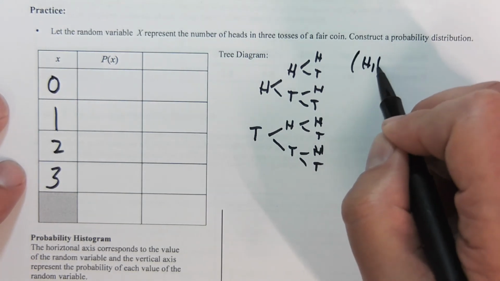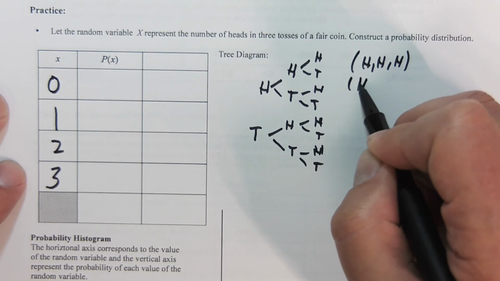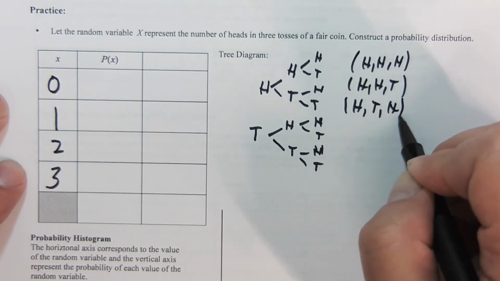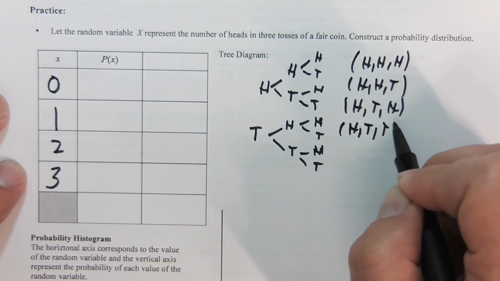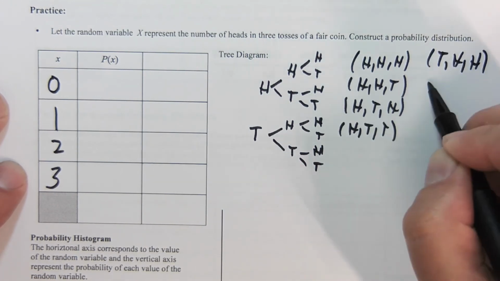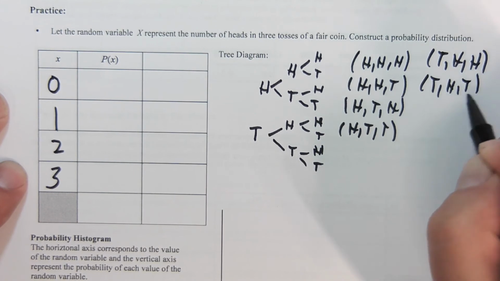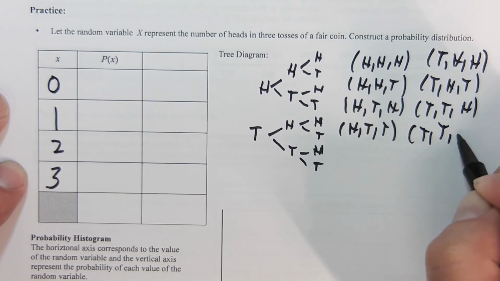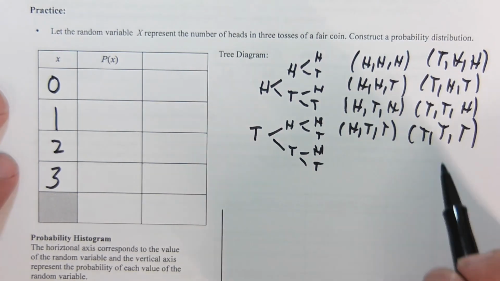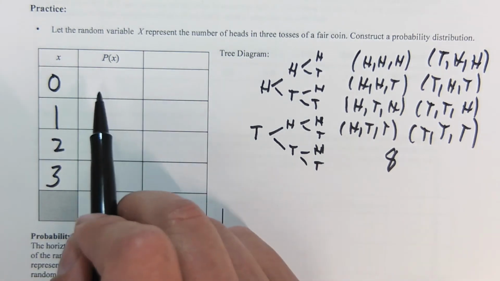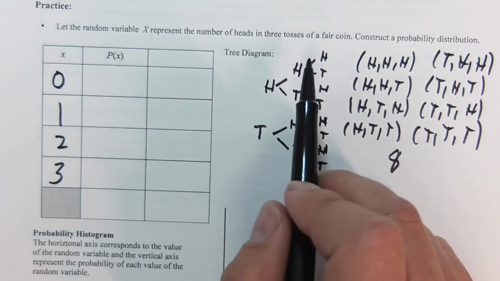We have head, head, head, head, head, tail, head, tail, head, head, tail, tail, tail, head, head, tail, head, tail, tail, tail, head, and tail, tail, tail, giving us a total sample size of 8.